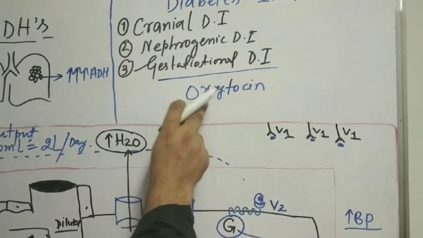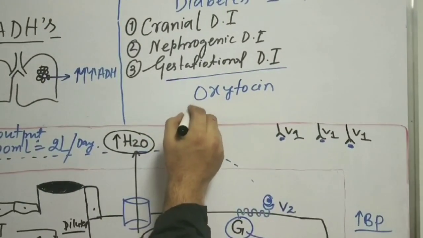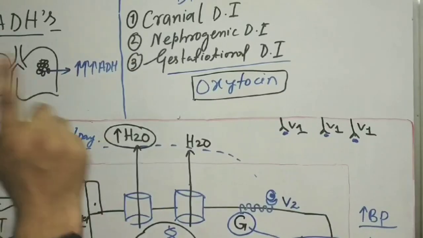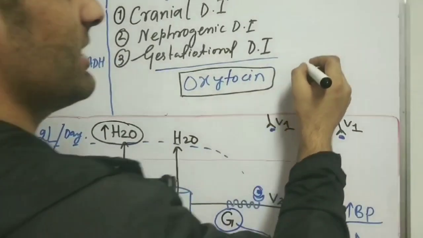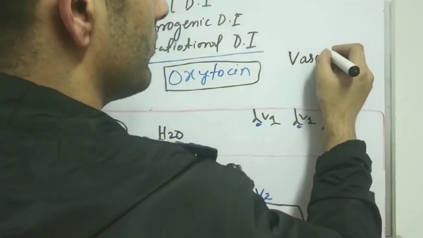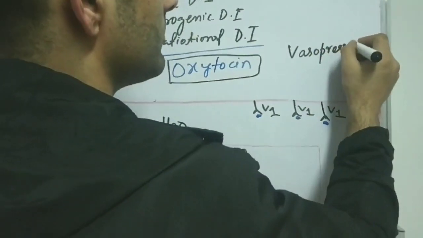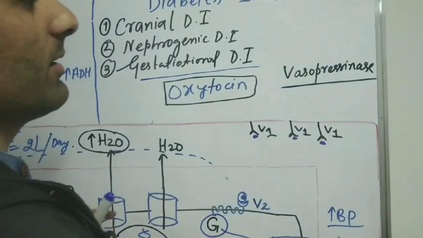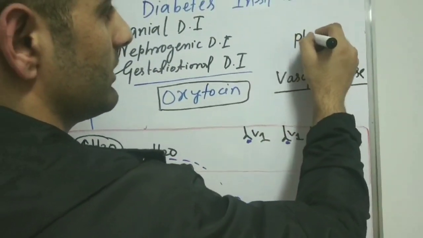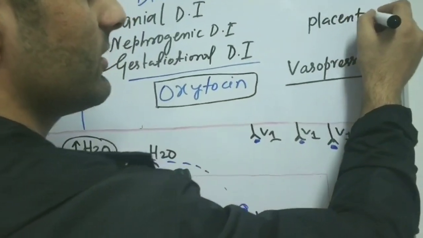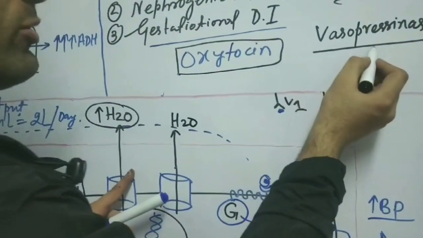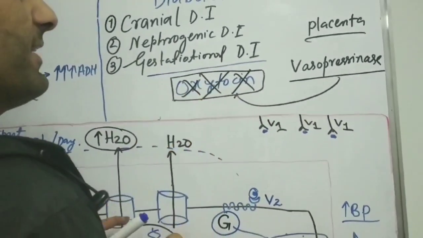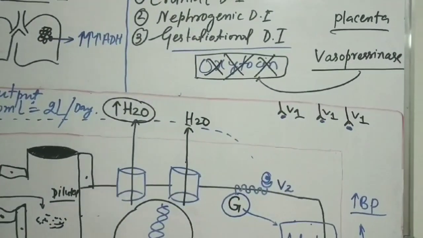What will happen if this hormone is secreted during pregnancy? Remember, this hormone is degraded by an enzyme known as vasopressinase. This vasopressinase is secreted by the placenta. It degrades the oxytocin, and the oxytocin will no longer be available.